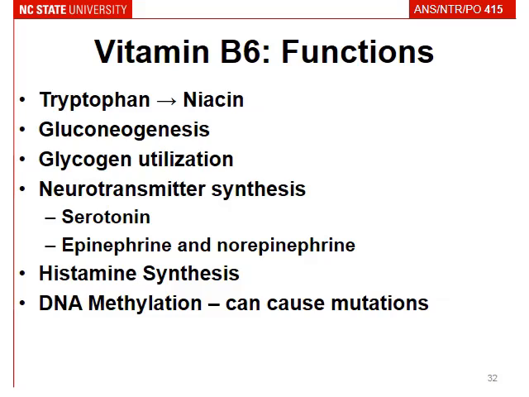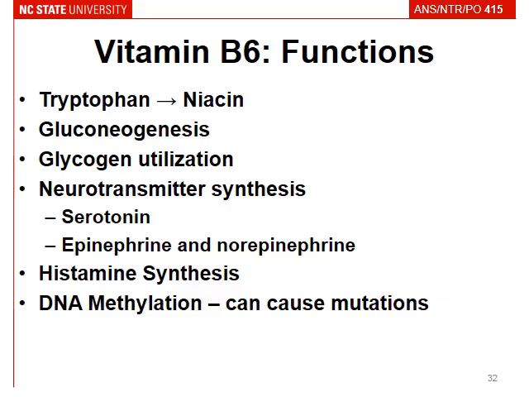So some of the functions that B6 is necessary for, and I've mentioned this first one previously when we were talking about niacin: we need B6 to convert tryptophan to niacin. So if we have inadequate B6, and we're relying on our tryptophan to meet our niacin requirement, we're going to end up getting some form of niacin deficiency, most likely in the form of pellagra.